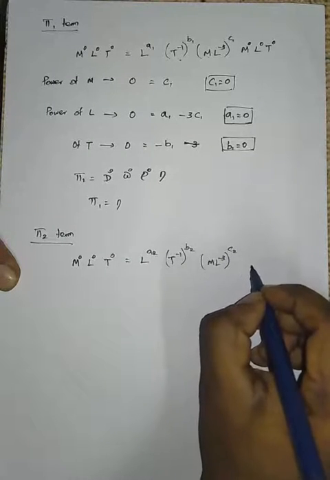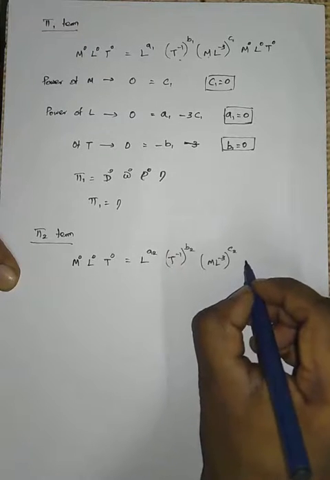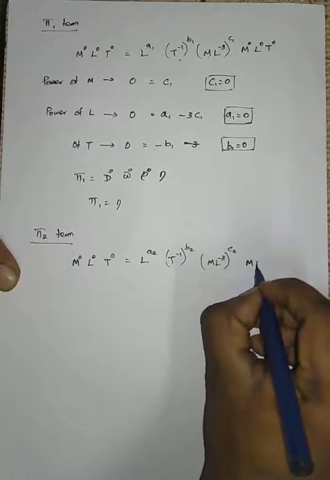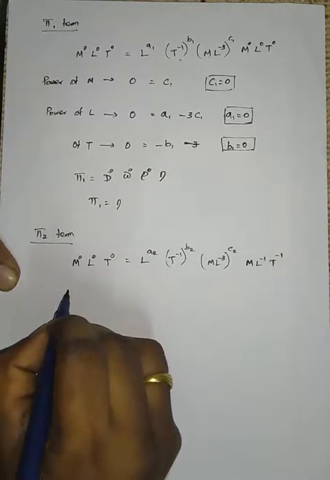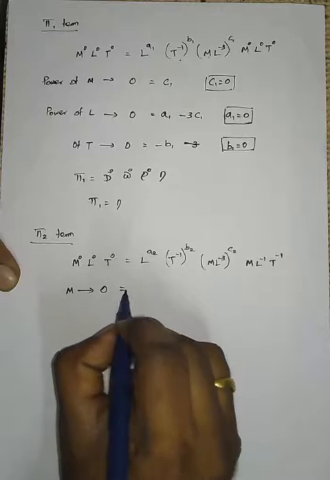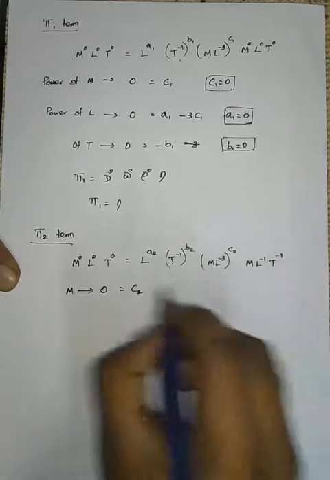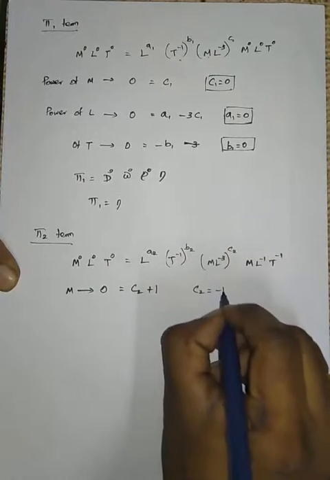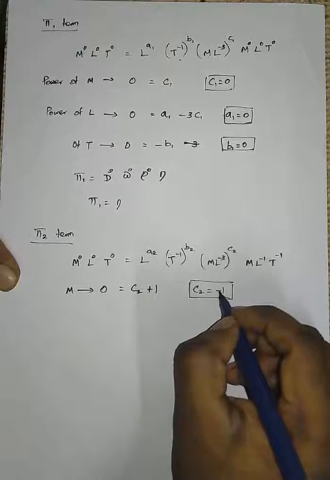On the outside it is viscosity. The MLT system of the viscosity is M L power minus 1, T power minus 1. Here first the power of M. In the left hand side it is 0. In the right hand side it is c2 here and here plus 1. So c2 equal to minus 1. This is the first find out.